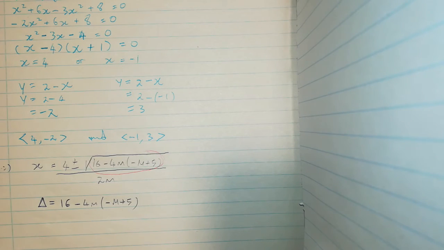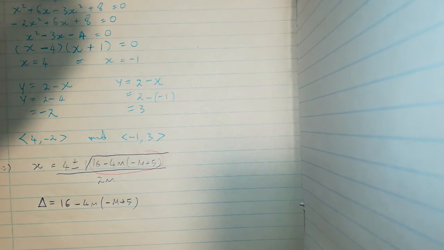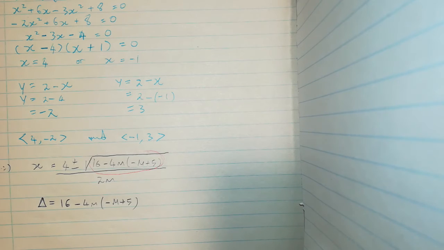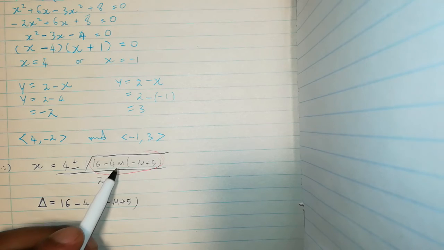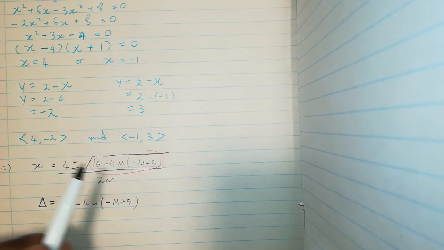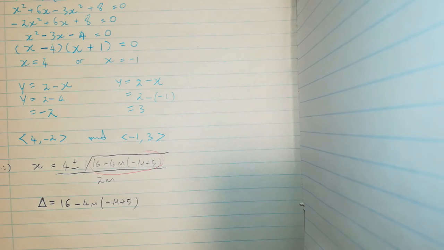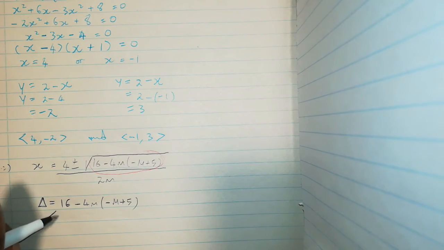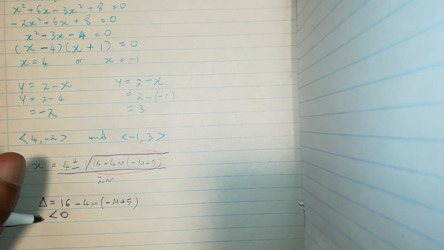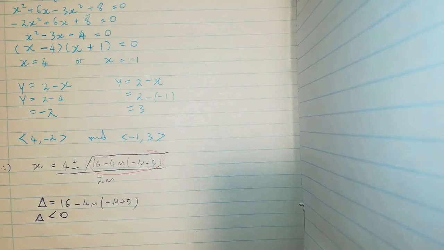Back to our exam question. They want us to find the value of m for which the roots are not real. We know that the roots are not real if the discriminant value is less than 0.